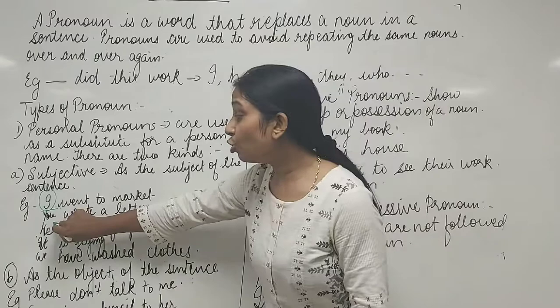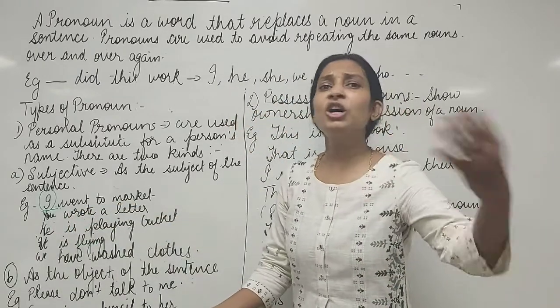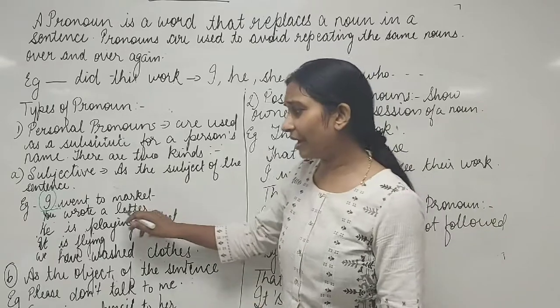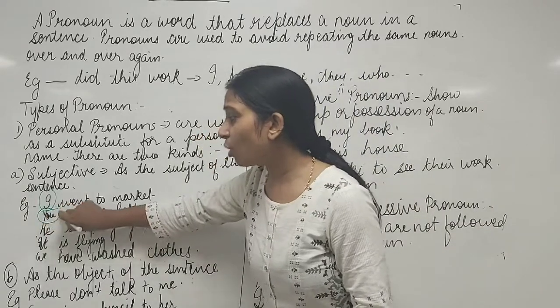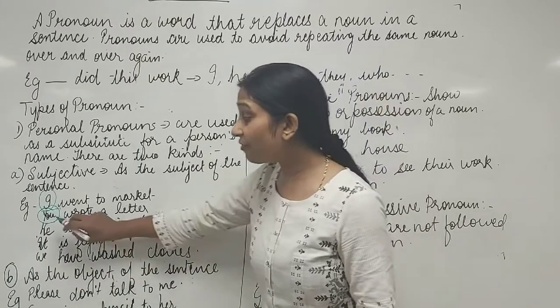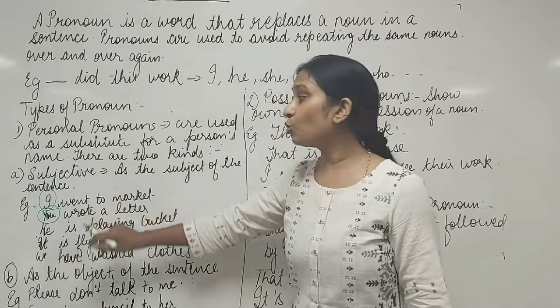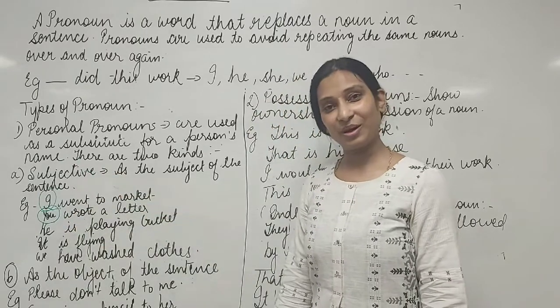Clear? Now, you wrote a letter. I could take anybody's name. Harshini wrote a letter, right? So, instead of Harshini, what have I written? You wrote a letter, and as I have used the pronoun you at the beginning of the sentence, it is known as a subjective pronoun. Clear?